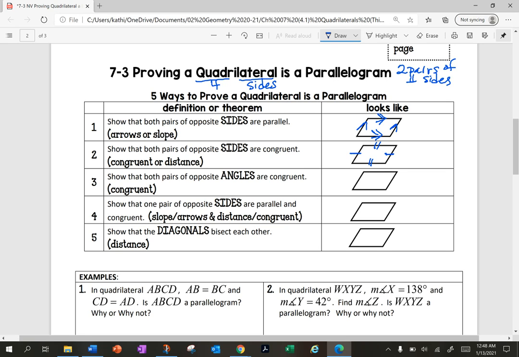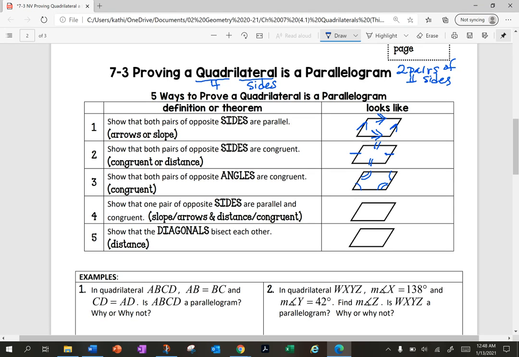I can also show that both pairs of opposite angles are congruent. So I can show that this pair of angles is congruent and this pair of angles is congruent, but they aren't necessarily congruent to each other, so I have 2 different sets of arc marks.